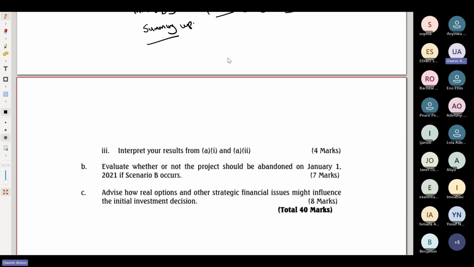Okay. So in this same question, if you take a different approach, those 30 million will be applicable. The 70 million and the 30 million occurred at the start of the project, which is year 0.